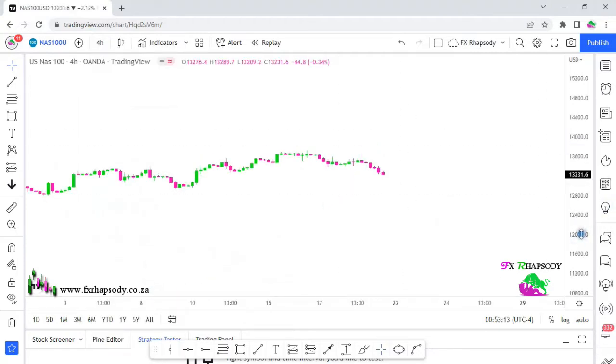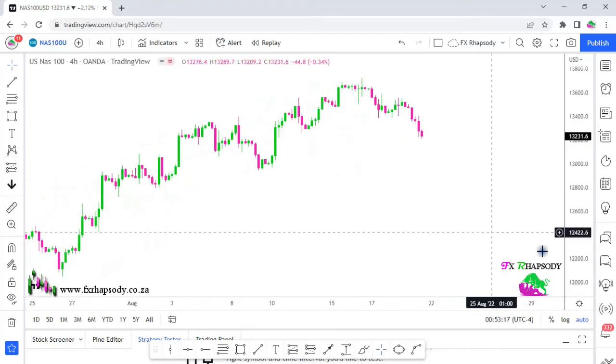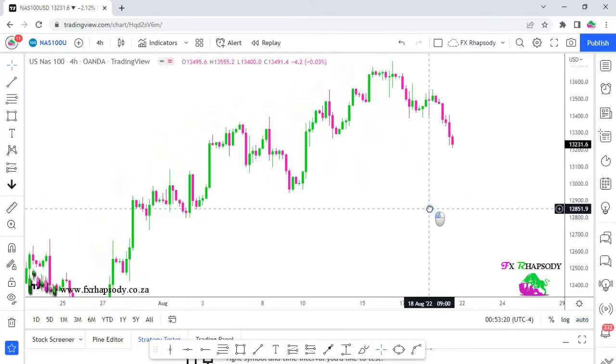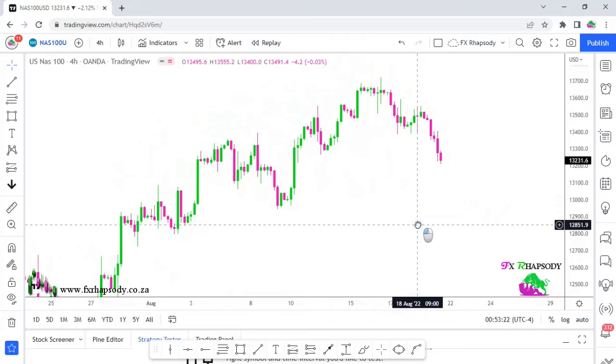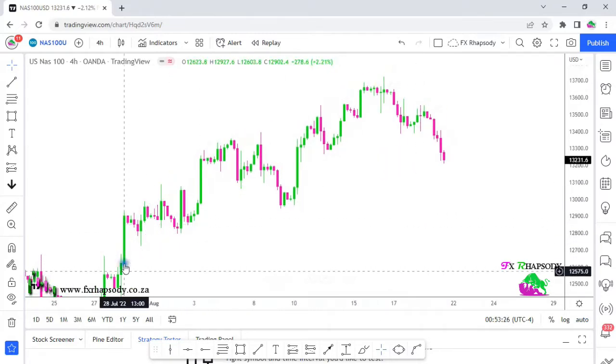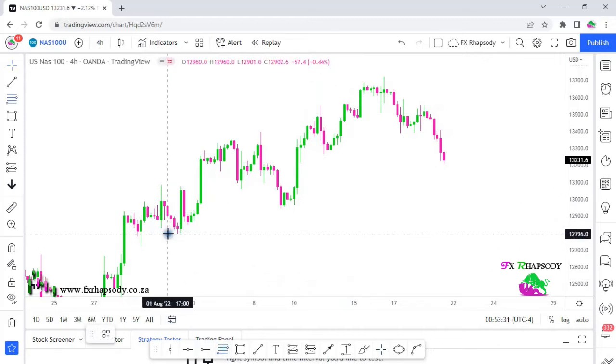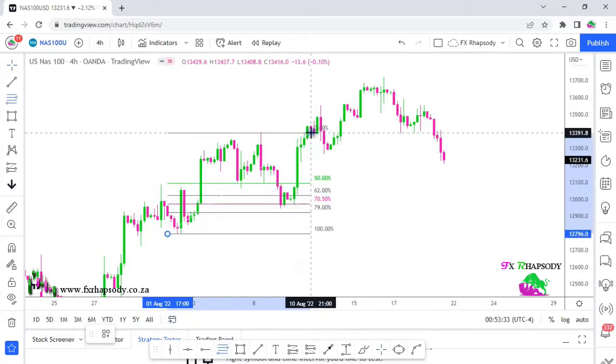4 hour time frame, I'm just going to zoom out a little bit. Lots have been happening on this 4 hour time frame, lots of nice entries that you could have taken as well. The first one: I'm not going to go too far back, but you have a little swing low over here, and then a little swing high over there.